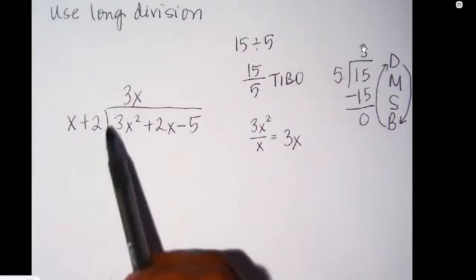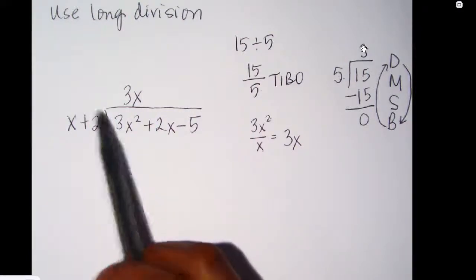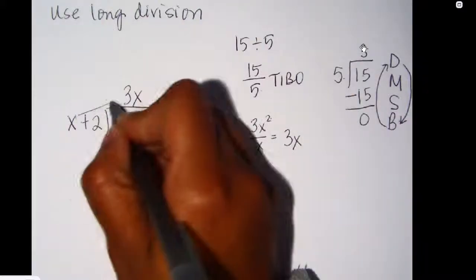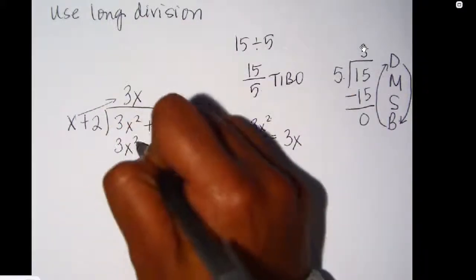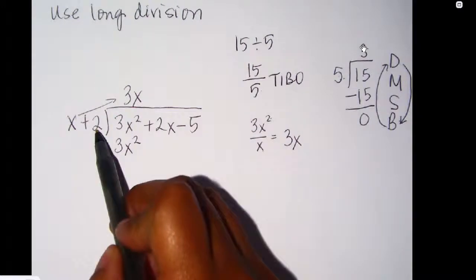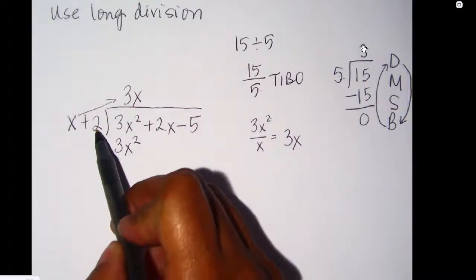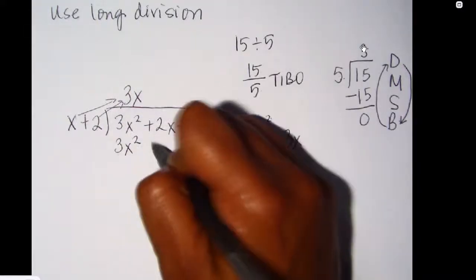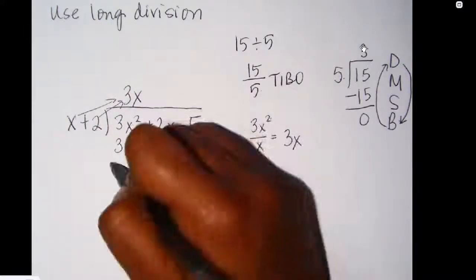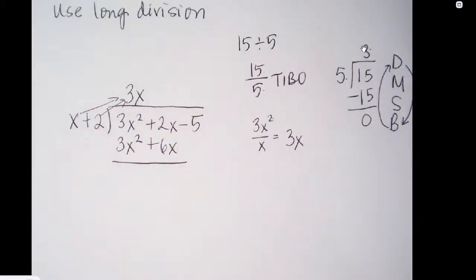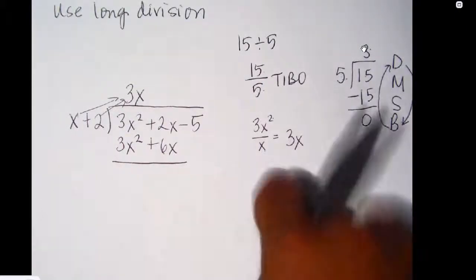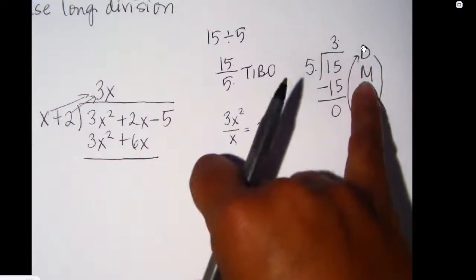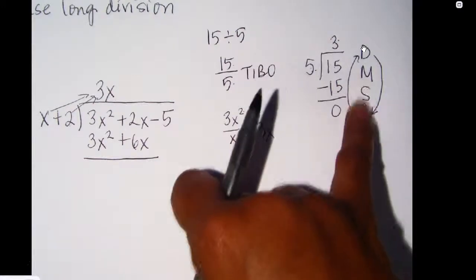Okay, so now what happens is I'm going to take this x, multiply it by 3x, which gives me 3x squared, and then I'm going to take this constant part of that binomial and multiply also by 3x, and this becomes 6x. So it's a positive 6x. So as you can see now, I have multiplied. Now after we multiply, because we did the division, the next step is to subtract.